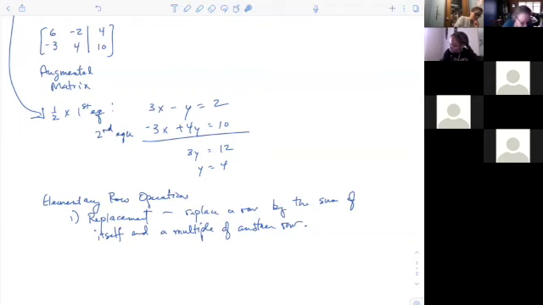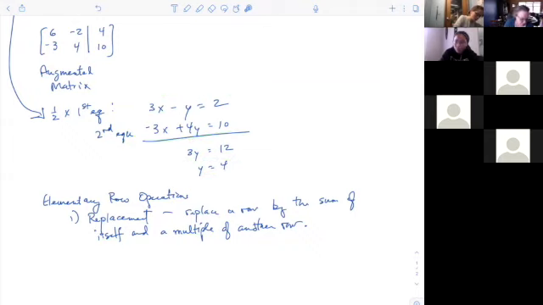Maybe not obviously, but I took the second equation, which is right here, and replaced it by the sum of itself and a multiple of another row. Here's where we added those together, and this is what we ended up with.